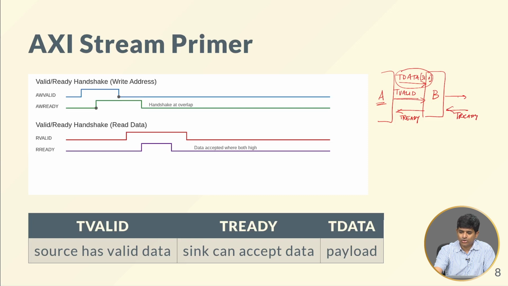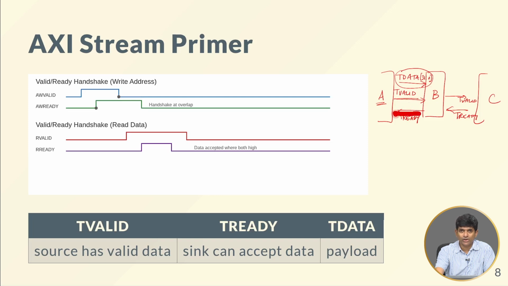So even though there is a valid signal coming out of B, the ready signal coming from, let's say, C, when it becomes low over here, it means that B has to stop. It cannot try and send any new data out here. It has to hold the valid signal, but it cannot keep changing the data. And in that case, most likely B will, after some time, depending on whether it has any internal buffers or not, send back a signal to A saying, wait, I am not able to get rid of my data, so you also need to stop.